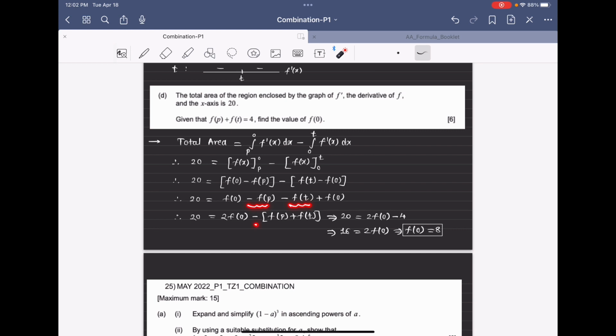I am taking minus common, f of p plus f of t, which is given to you 4. 20 is equal to 2 times f of 0 minus of f of p plus f of t. F of p plus f of t is given as 4. So 20 is equal to 2 times f of 0 minus 4. Take minus 4 on the other side, becomes 24 is equal to 2 times f of 0. So f of 0 is equal to 24 upon 2 becomes 12. So f of 0 value is 12.